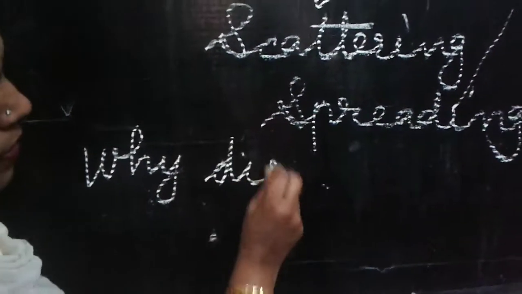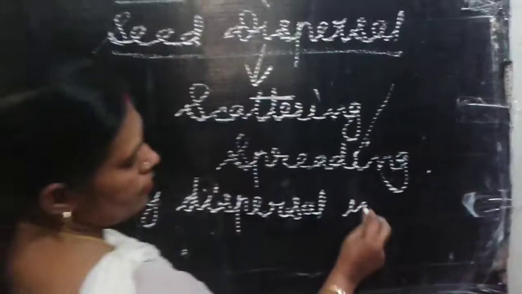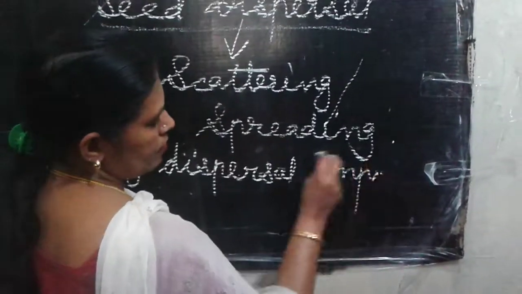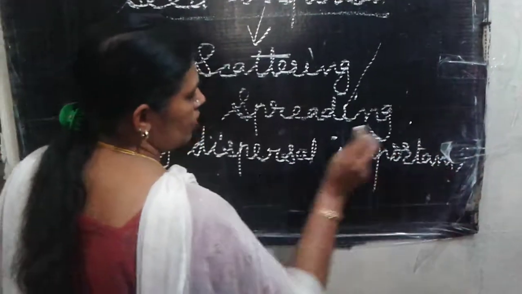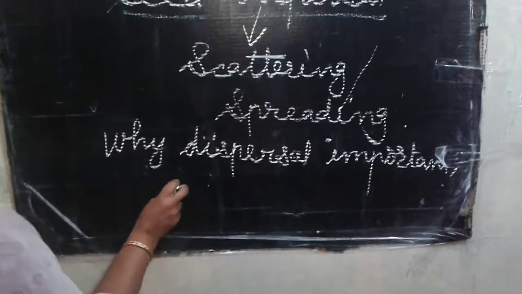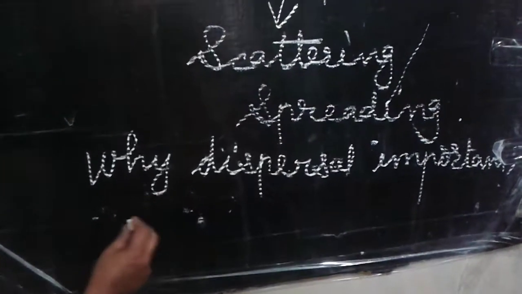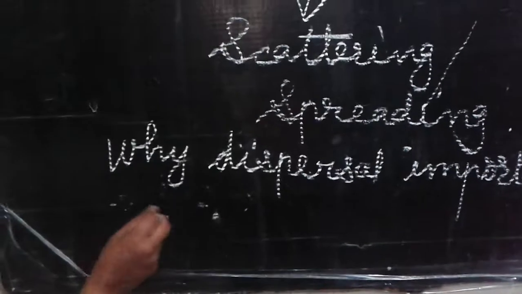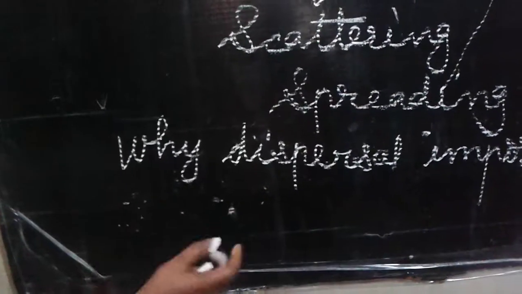Now, why is dispersal important? Because there will be struggling, or that means fighting, for food, space, air, water and sunlight to grow.